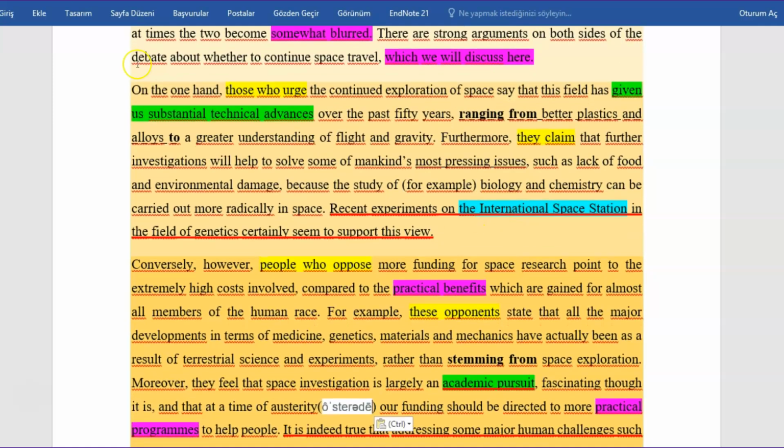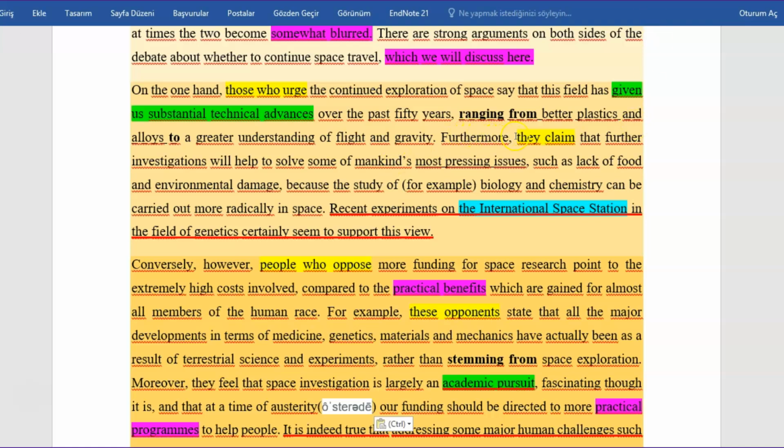On the one hand, those who urge the continued exploration of space say that this field has given us substantial, significant, considerable technical advances over the past 50 years, ranging from better plastics and alloys to a greater understanding of light and gravity.